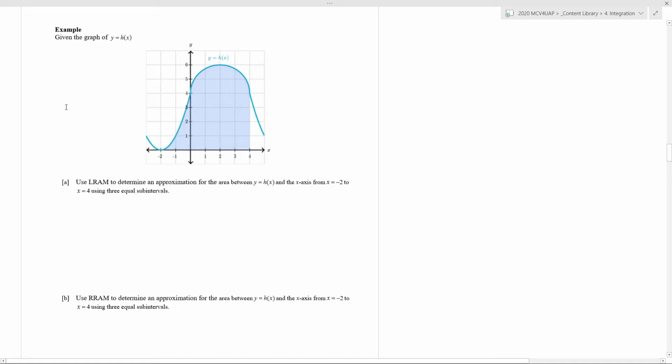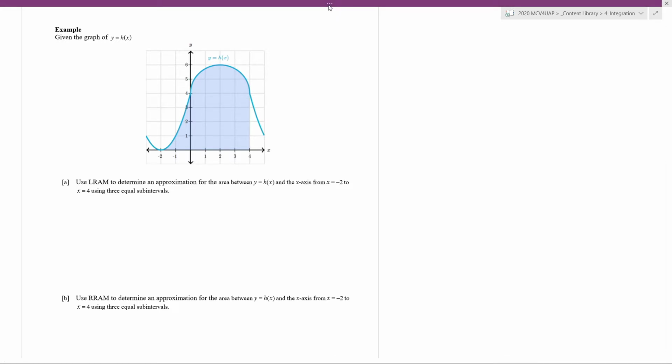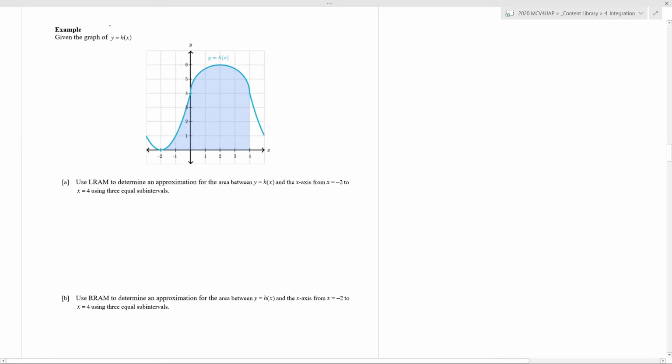Okay, we can do this again. Here's another example. Use LRAM to determine an approximation for the area between that function and the x-axis from -2 to 4. But this time you're being asked to use 3 equal subintervals.